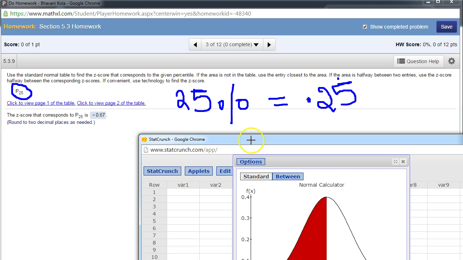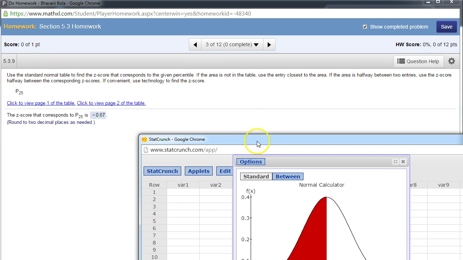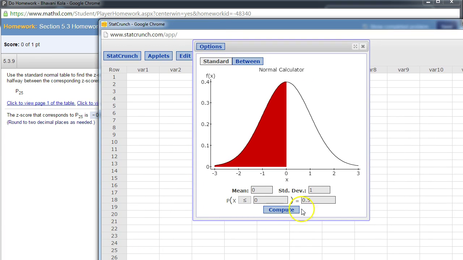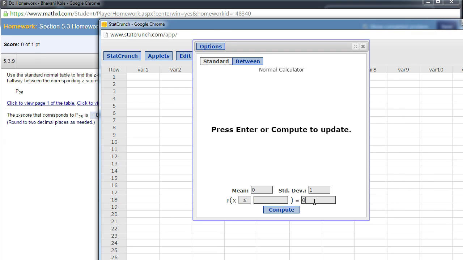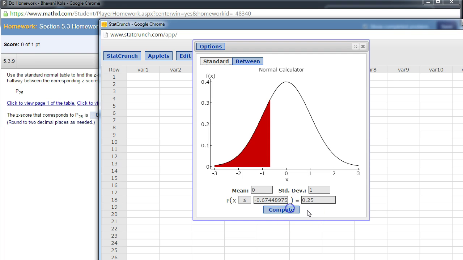So once I have that, I'm going to plug that in here. Remember, this is where my area and percentage goes, 0.25. And I'm going to click compute.